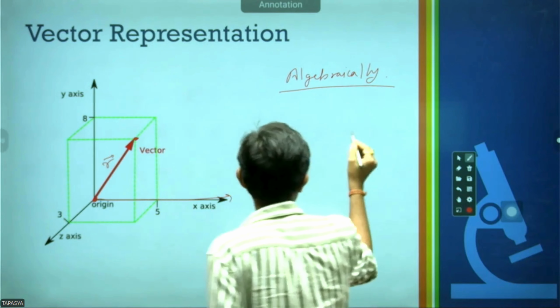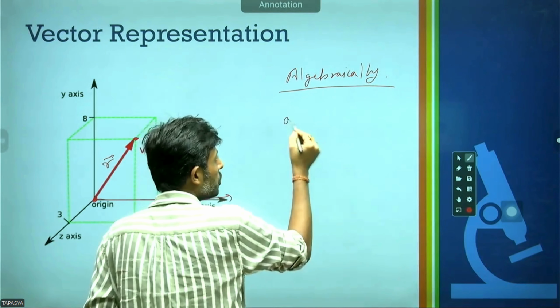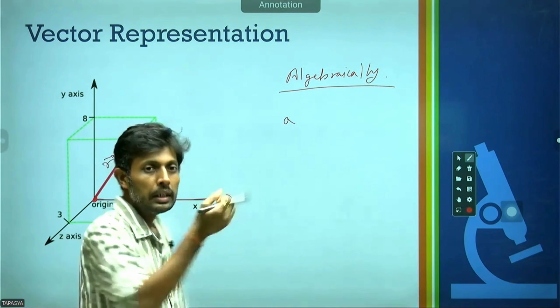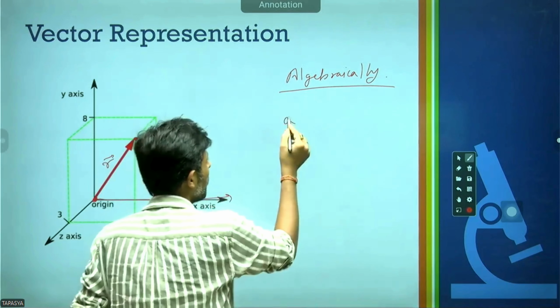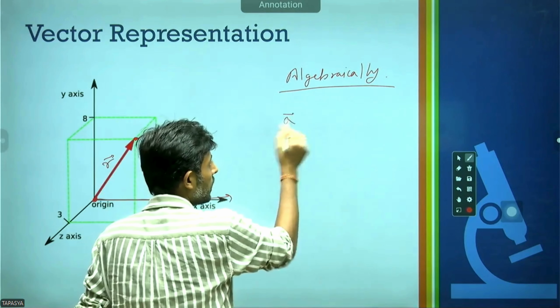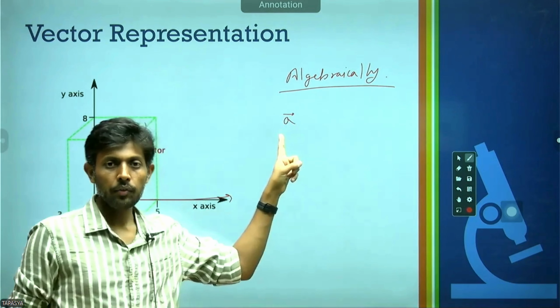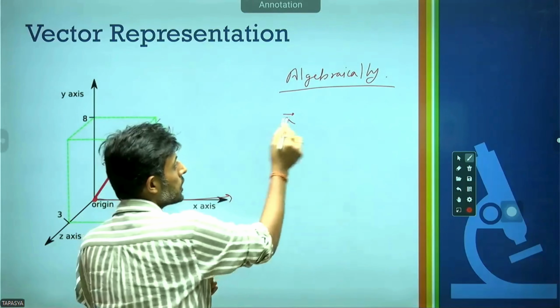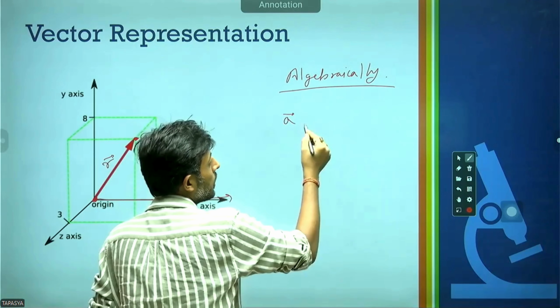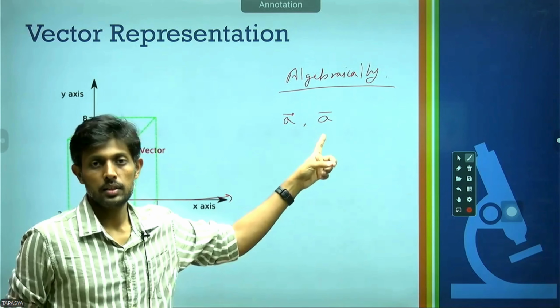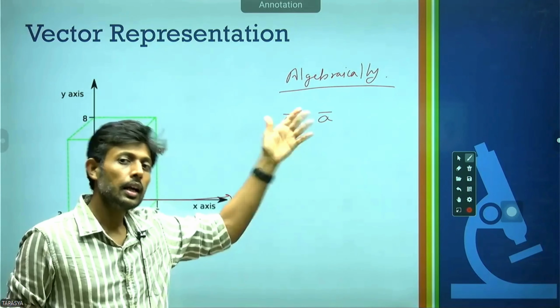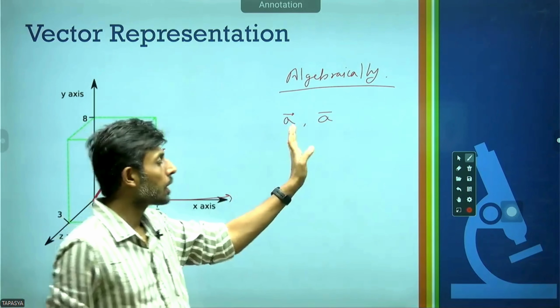So algebraically, vectors are represented like, you can use the variables like a, b, x, y, z that you used normally in algebra. But here, in order to indicate that this is a vector variable, you use this arrow. This is one way to represent. Sometimes some books will just represent this with a bar, that also means a vector.